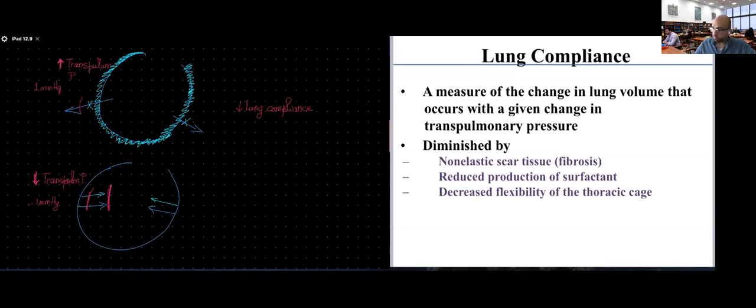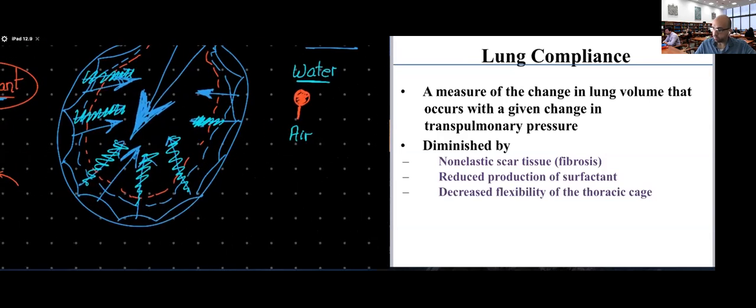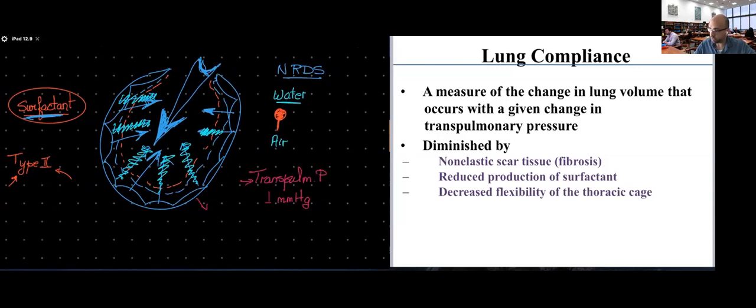Also, if I'm not producing surfactant, would I be able to expand the lung? So I will be increasing the transpulmonary pressure by 1 millimeter mercury. I'm expecting the lung to respond to this by expanding, but although I did increase the transpulmonary pressure by 1 millimeter mercury, the lungs are still going to be collapsing because of the effect of the alveolar surface tension.